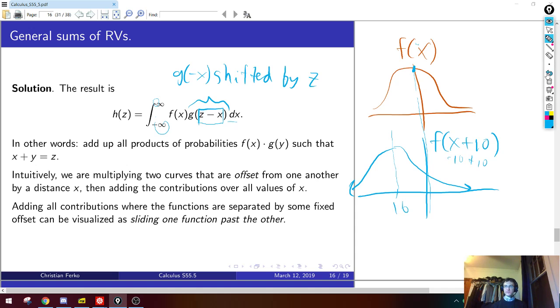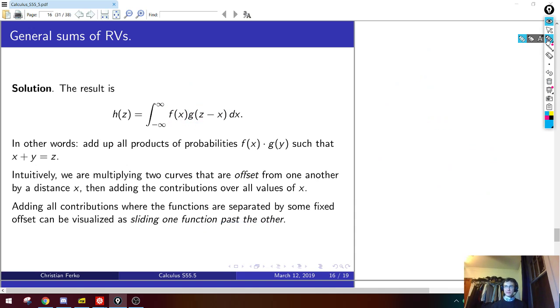So there's a way to visualize this integral which involves holding the first function at some point in space, and then you take the second function and slide it past the first function. By slide, I mean you literally just change how much you are shifting it by, to the left or to the right, and then when these guys intersect, which means their product is non-zero, you just add them up.